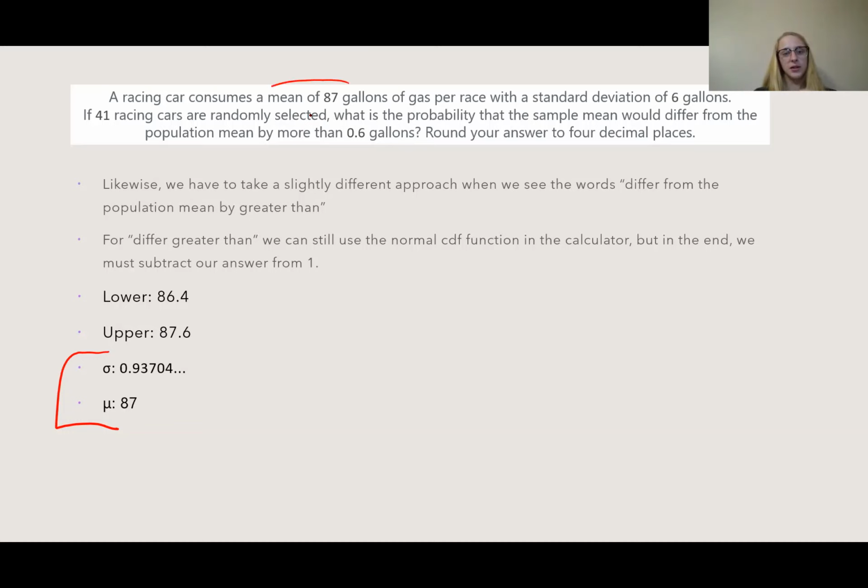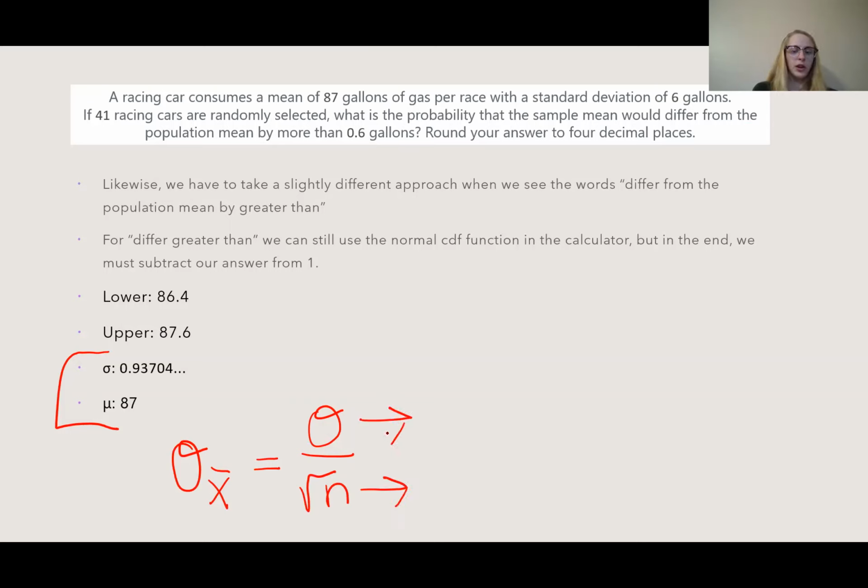In this case, it says the mean is 87 gallons. That's why I put 87 as our mean. Our standard deviation, again, we're going back to this formula, which hopefully you can remember by now. What we're going to do is plug straight in what we know. Remember, don't just plug in 6 as your standard deviation. You do have to do this formula: 6 divided by the square root of n.